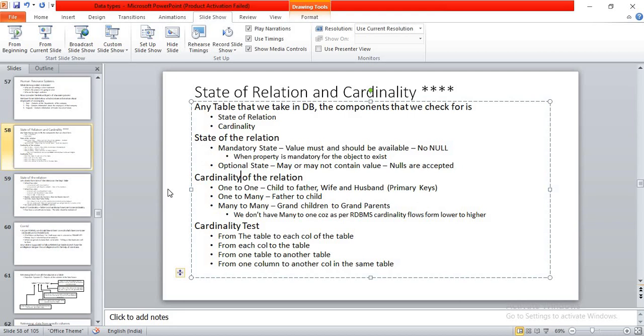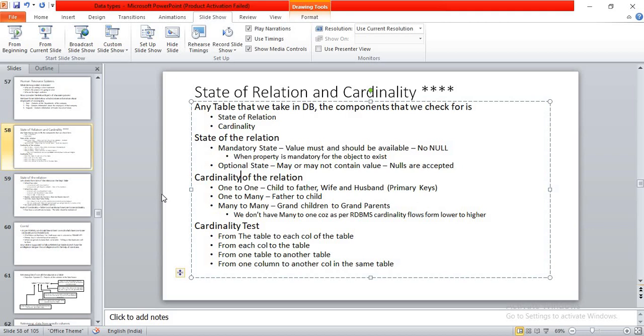So that is one to many. And again, the reverse: a child might have father-side grandparents and mother-side grandparents. So that is many to many. So when it is about cardinality, there are only three states in RDBMS: one to one, one to many, and many to many.